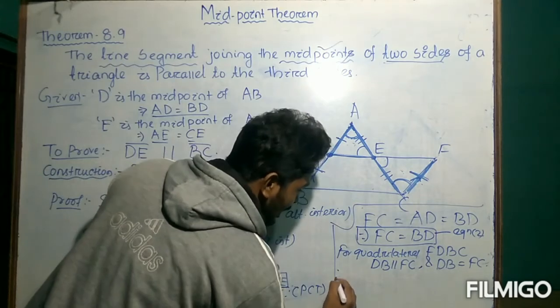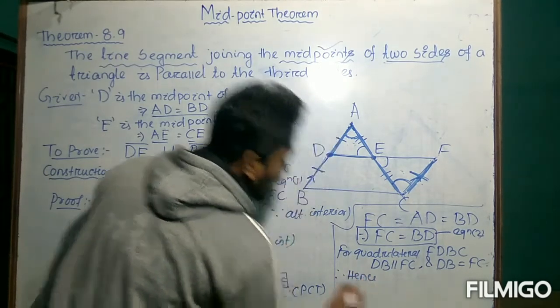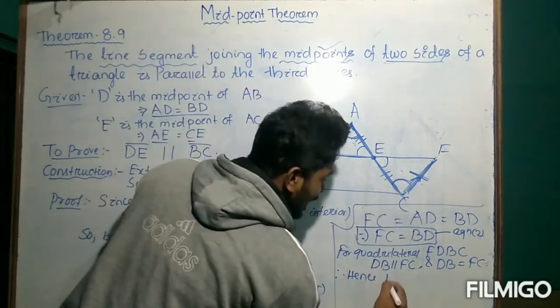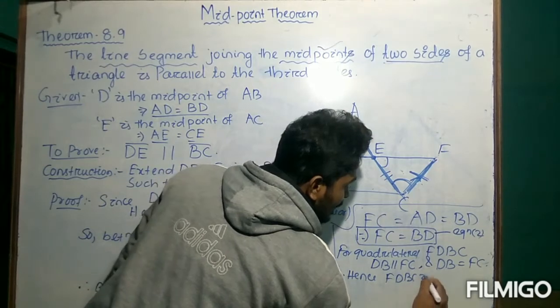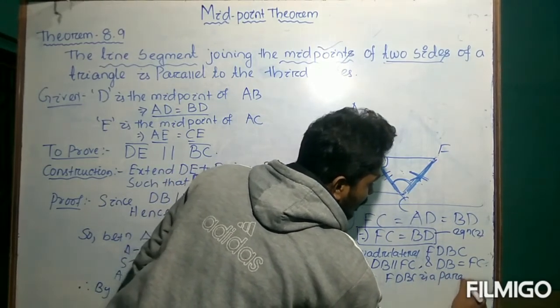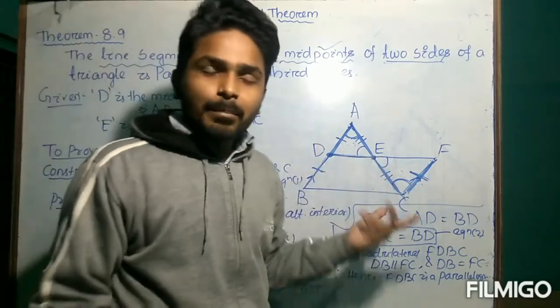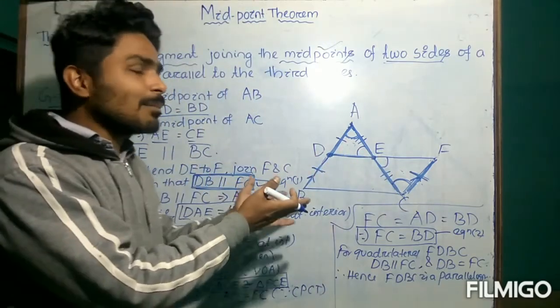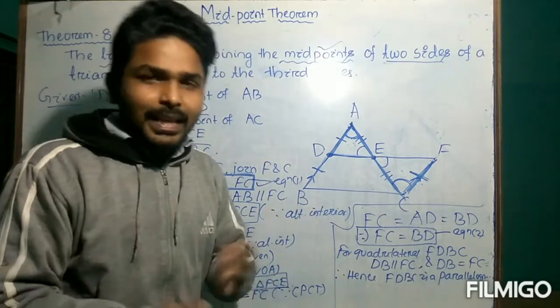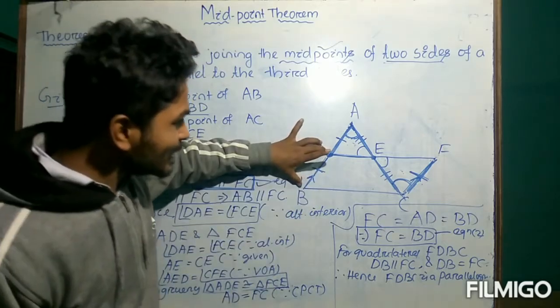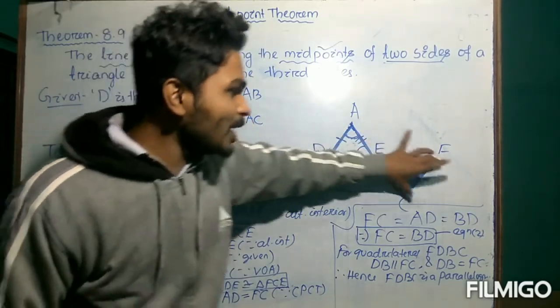And hence, what can you write? FDBC is a parallelogram. So now if it is a parallelogram, then pairs of opposite sides must be equal and parallel. Already we know this side is equal to this side and this side is parallel to this side.